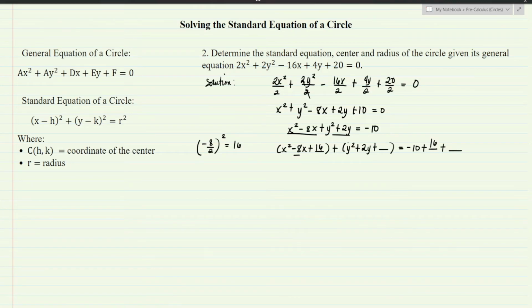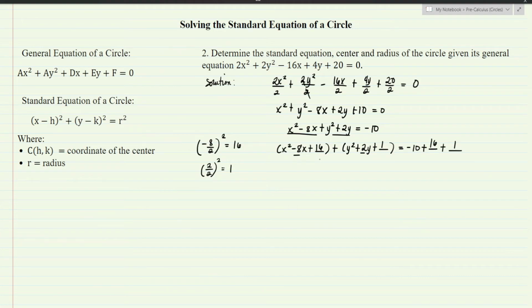As for the second constant term, I will take the coefficient of the middle term 2, divided by 2, then square its answer. I will have 2 over 2, that is 1. 1 squared is also 1. So I will place here 1, then also 1 on the right side of the equation.